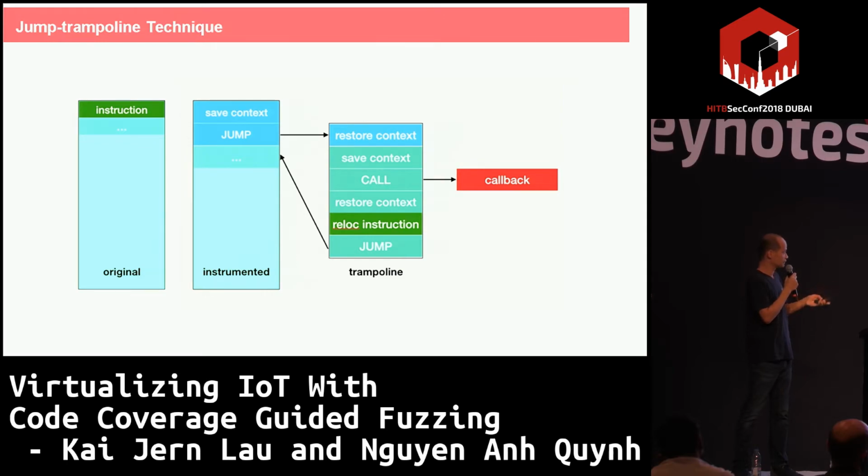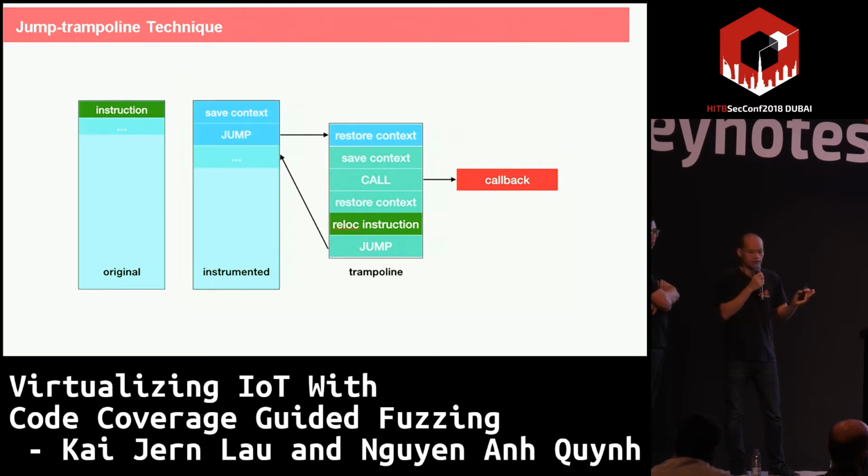The next thing to do is that because we overrode the instruction here, we need to execute it somehow. To do that, we copy this instruction from here to the trampoline memory buffer. One thing to remember is that usually when you copy code from somewhere to somewhere else, it still works.